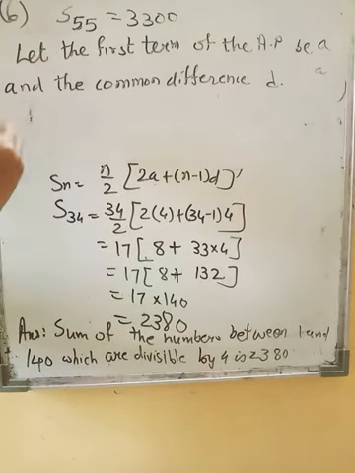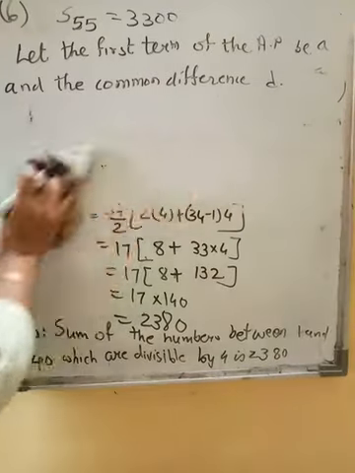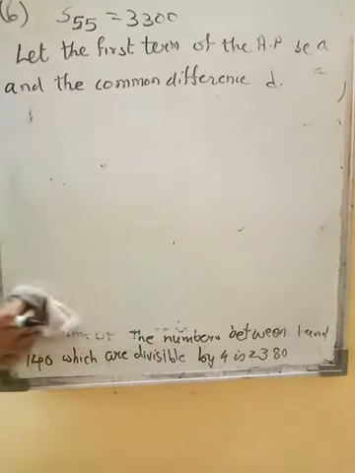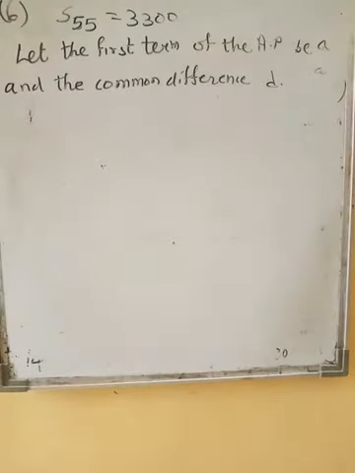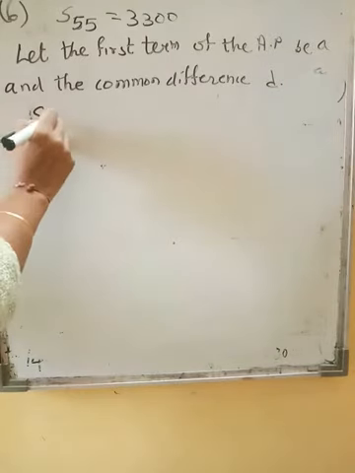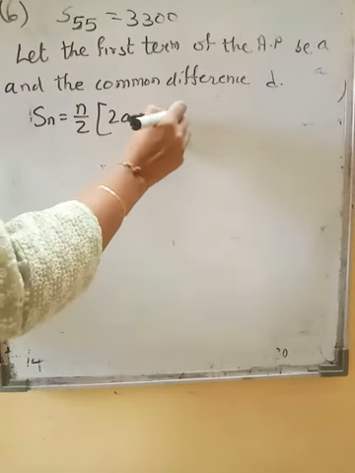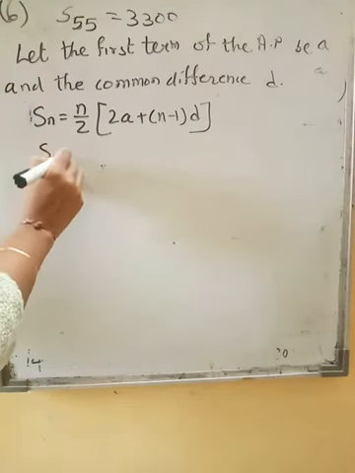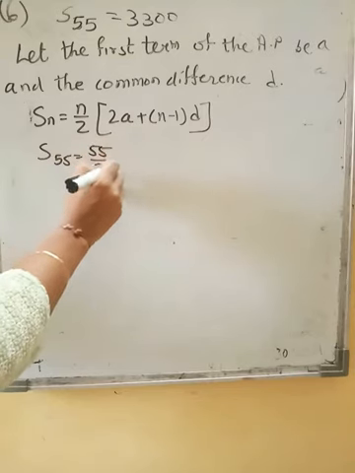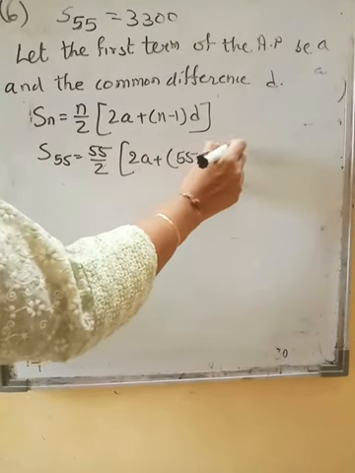Now they have given Sn, so we have to use the formula for Sn only. Correct? So using the Sn formula only we will get some idea. So let us use the Sn formula. Sn is equal to n upon 2 in the bracket 2a plus n minus 1 into d. So S55 will be 55 upon 2 in the bracket 2a plus 55 minus 1 into d.